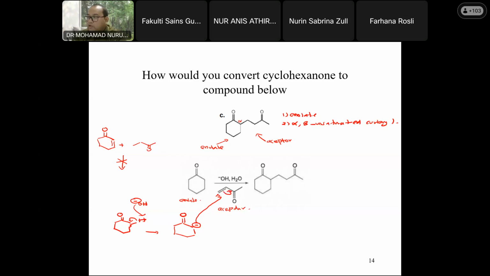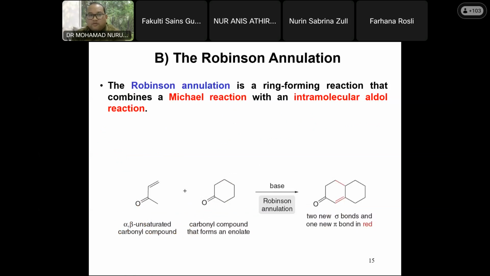After that, they are doing protonation to give this product. So you cannot use this synthesis route to get this product, because in the end it will couple at the beta position. The product will be this one, not this one.